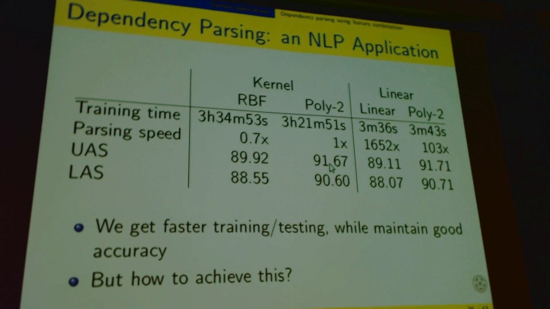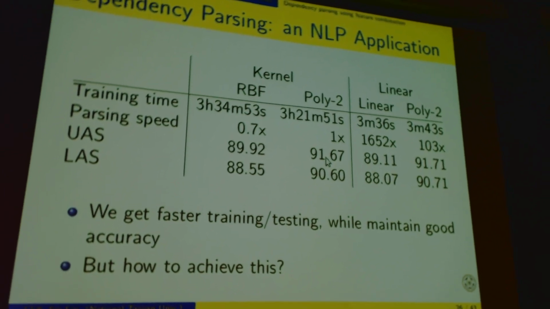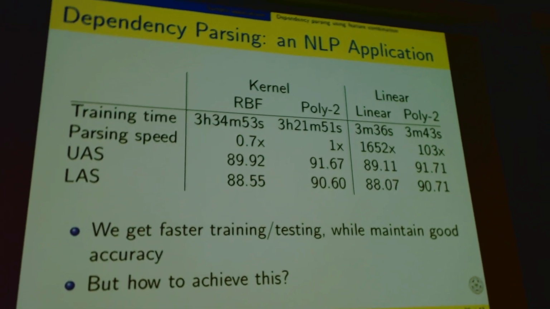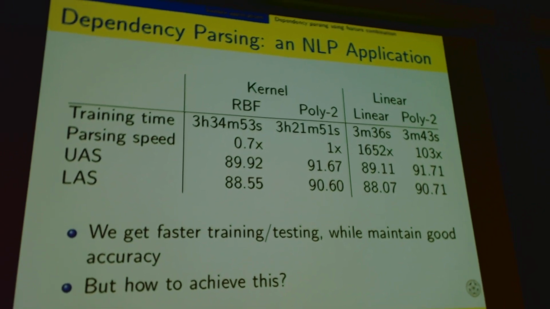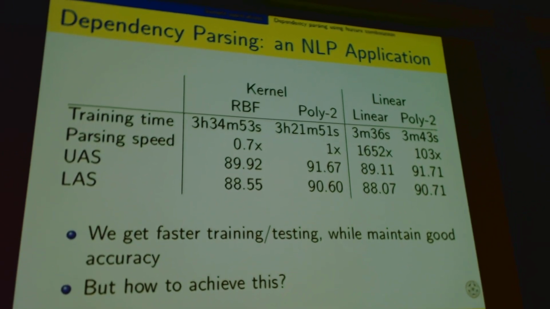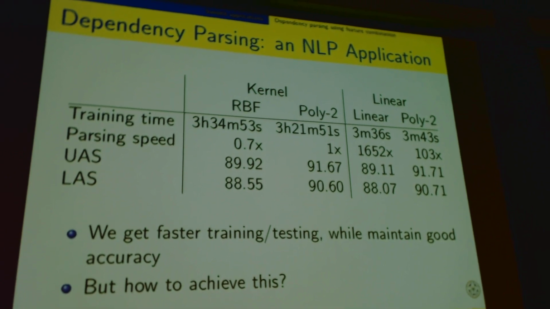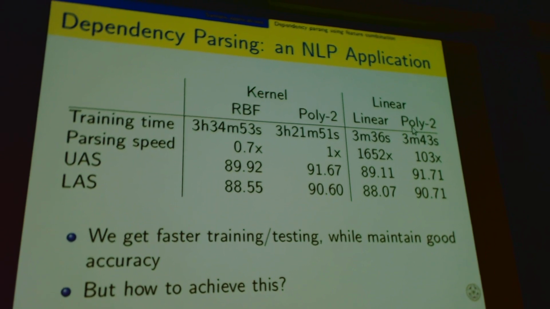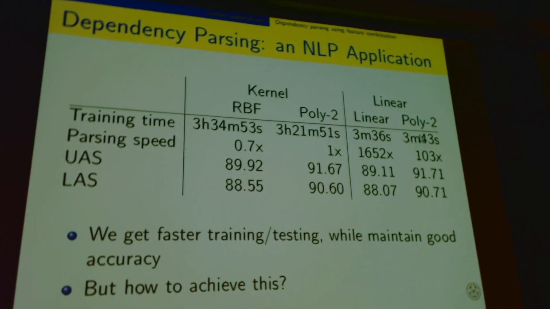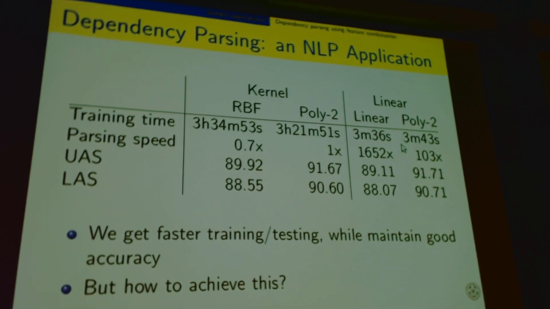So what can we do? Well, we do a trick. We explicitly represent the degree 2 polynomial expansion of data. Then that becomes our new data, and we train a classifier. By doing that, our training time here is 3 minutes, so this is still very fast.